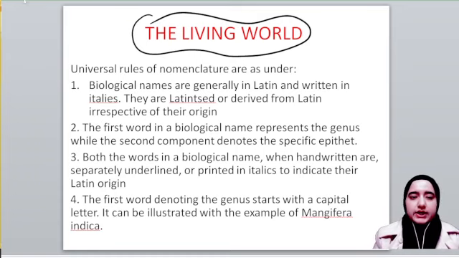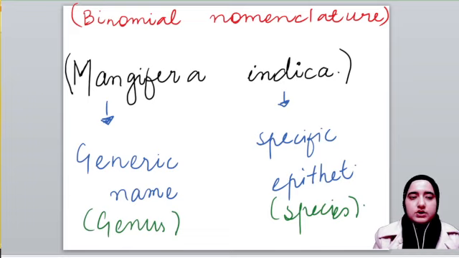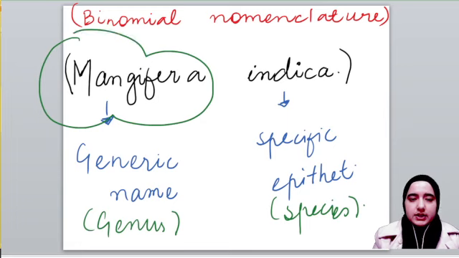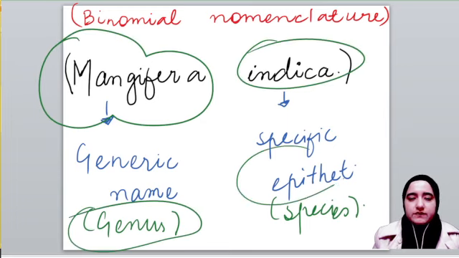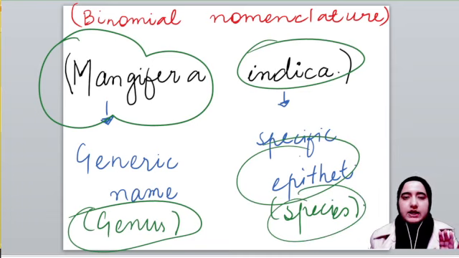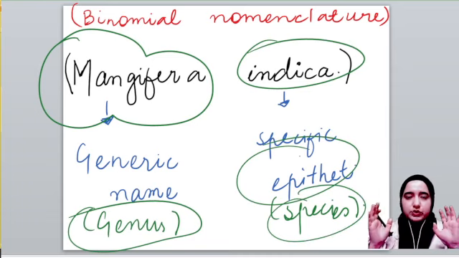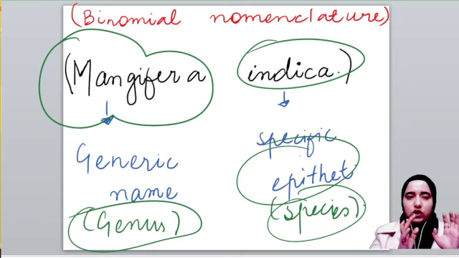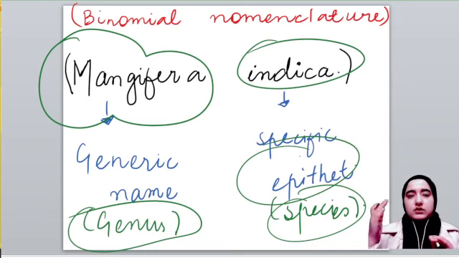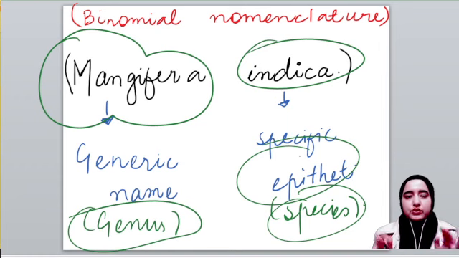The second point is that the first component of the biological name is the genus, the generic name, and the second one is the specific epithet, the species. We can't do it vice versa. We can't put the species in front as a prefix and the genus as a suffix.